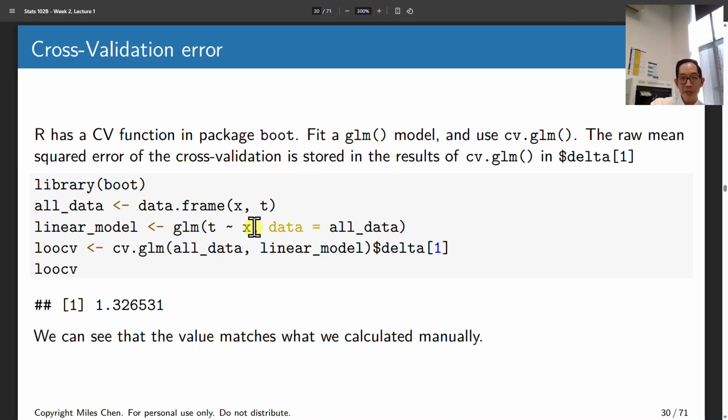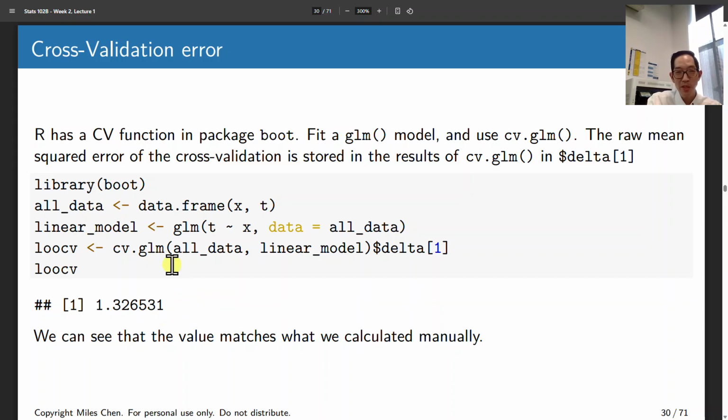So I could say, here's all of our data, which is our 4 data points, and fit a linear model, just Y as predicted by X. Then I can do leave one out cross-validation by doing cv.glm. I take all of our data, and I also put in our linear model, and then it does the calculation. Our mean squared error is stored in this delta vector. The first value in the delta vector is our mean squared error.